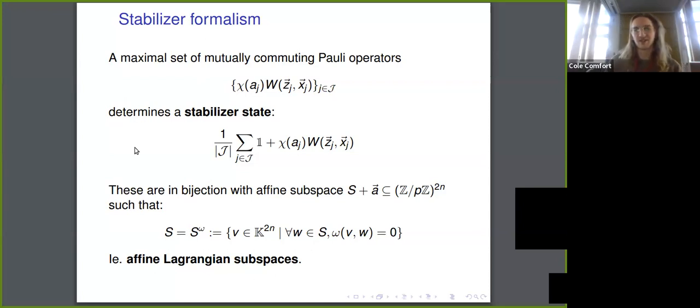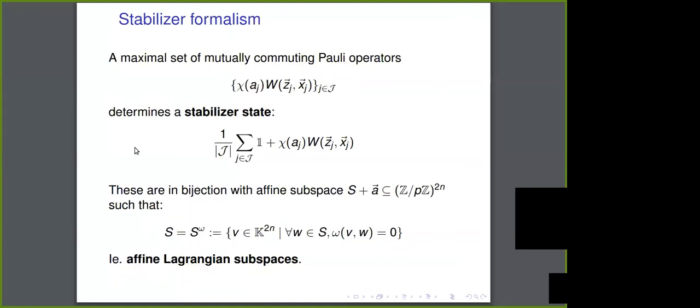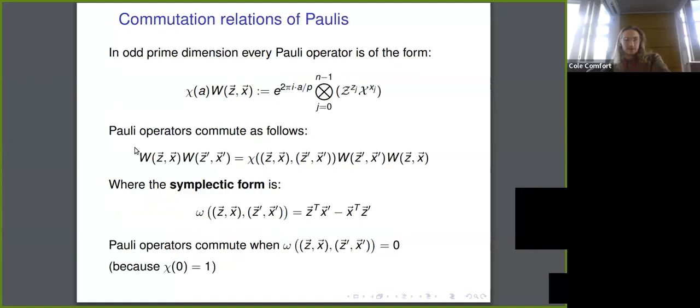So in some sense, there's this duality. You can regard a stabilizer state in odd prime dimension as an affine Lagrangian subspace, and it's just thinking of the state in Hilbert space versus the structure of its stabilizers. So what breaks if the dimension is not an odd prime? It's this thing here, the e to the 2 pi i times a over p.